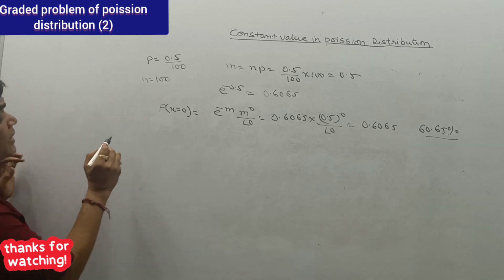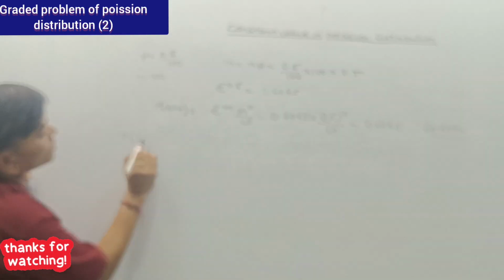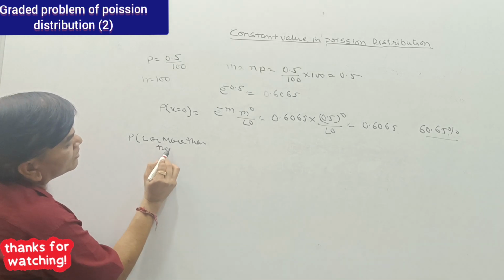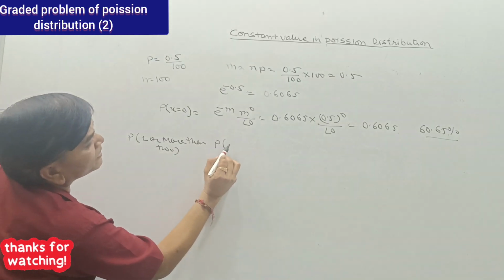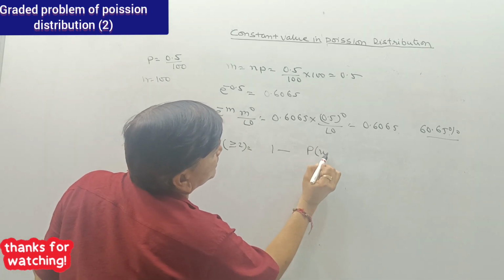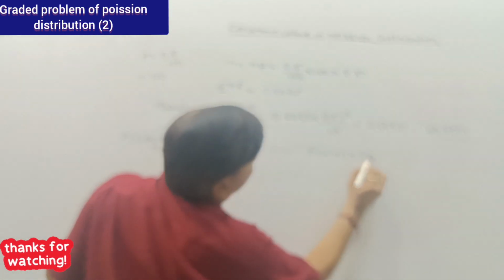Second, we have to calculate the probability of 2 or more than 2. We have probability of greater than or equal to 2. So that is 1 minus the probability of getting 0 plus the probability of getting 1 defective.